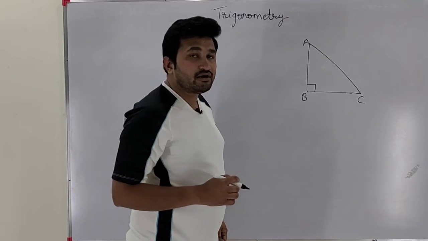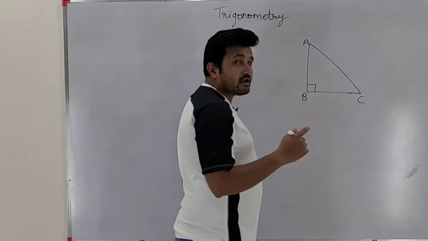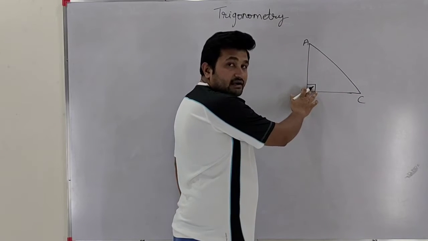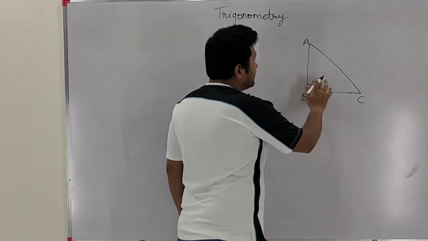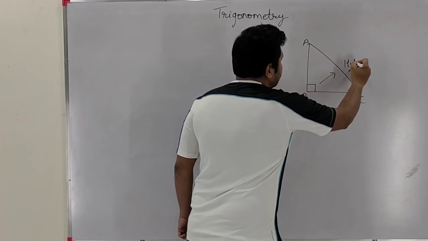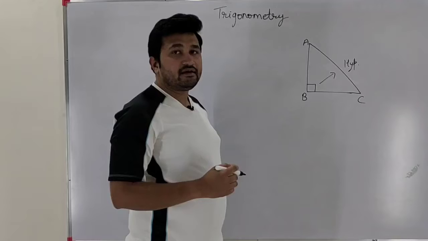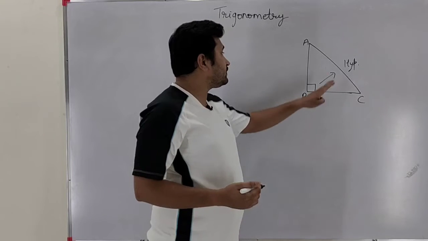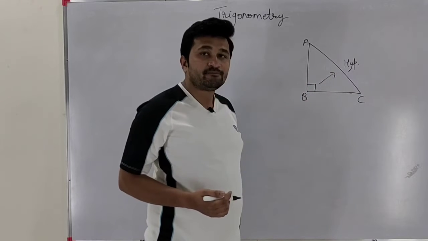Now the most important thing is that whenever we are talking about the hypotenuse of a right angle triangle, as this is the right angle, the side opposite to this right angle is always the hypotenuse. So in a right angle triangle we are always finding the hypotenuse, which is the side opposite to the 90 degree angle.